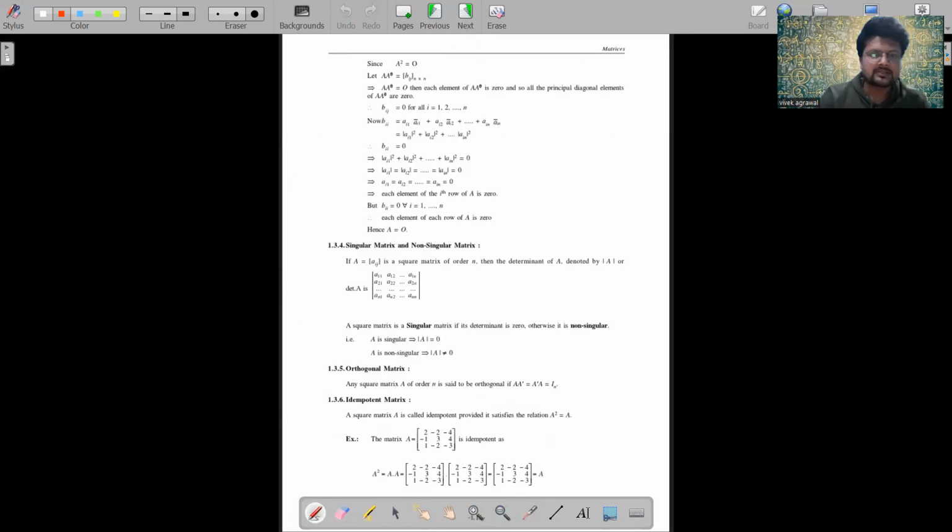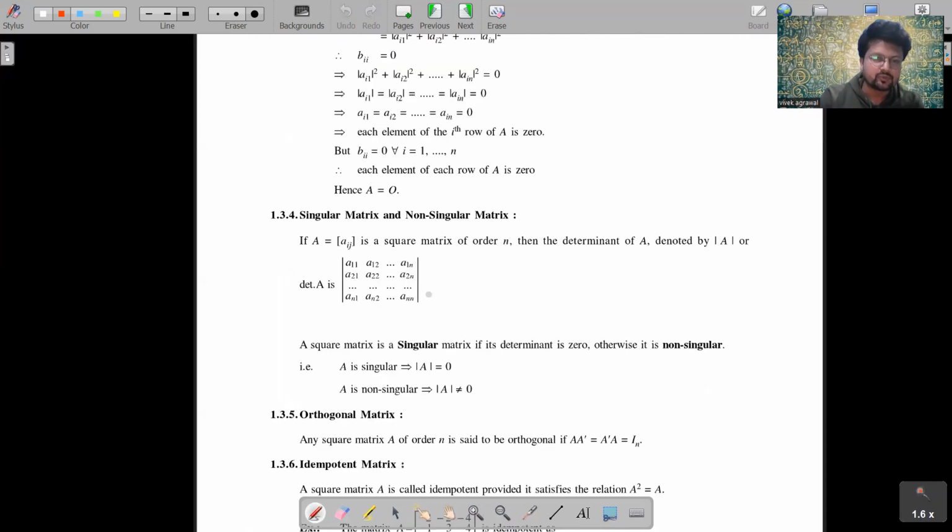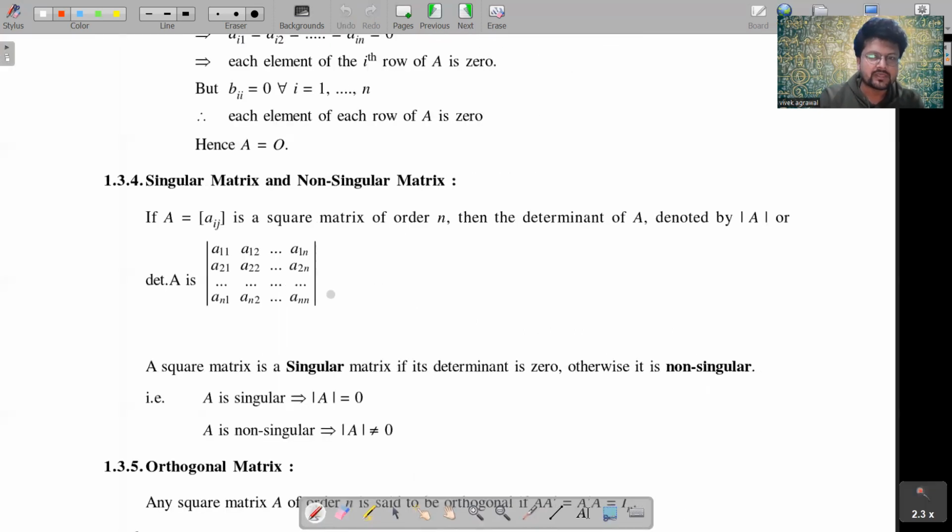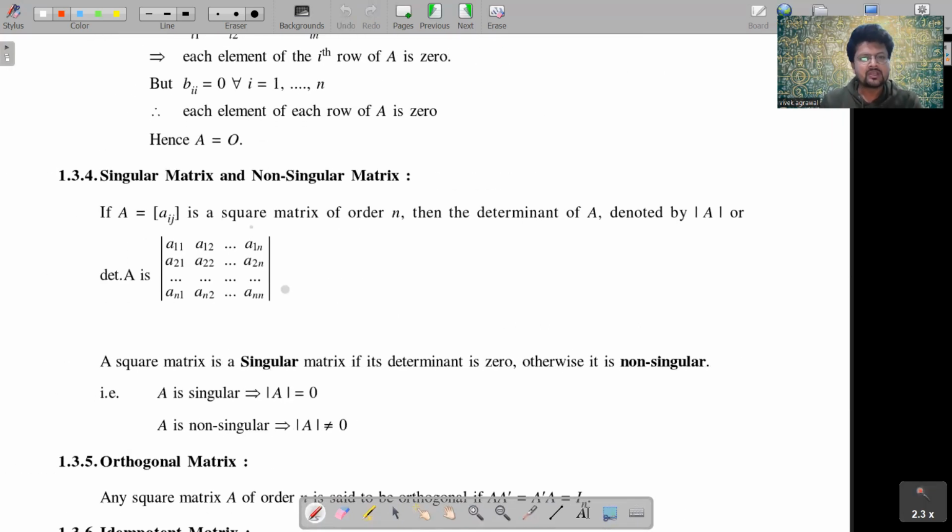Let's talk about the singular matrix and the non-singular matrix. That is also a very important concept which we'll be using for solving any homogeneous equation. It's very simple. For any square matrix, if we find the determinant of that square matrix and the determinant is 0, it will be called a singular matrix.